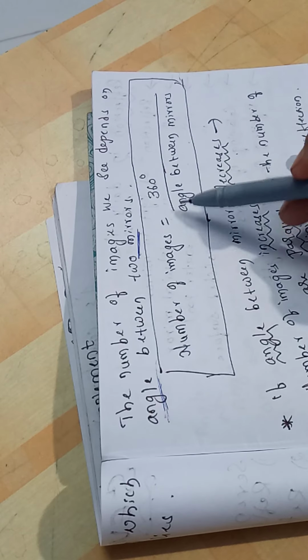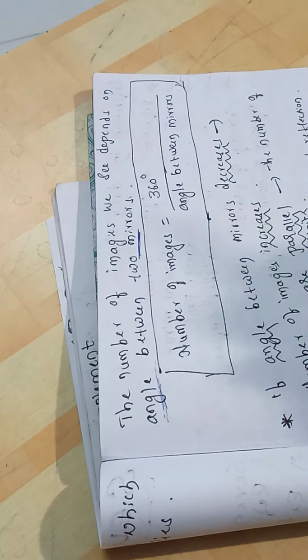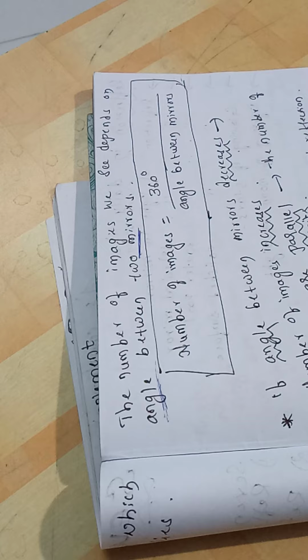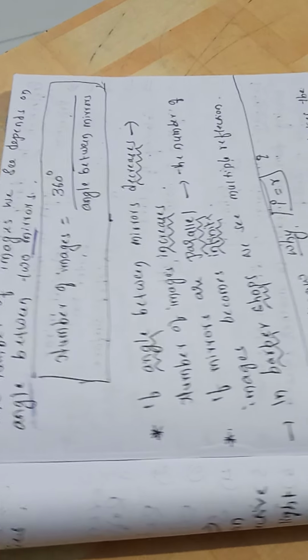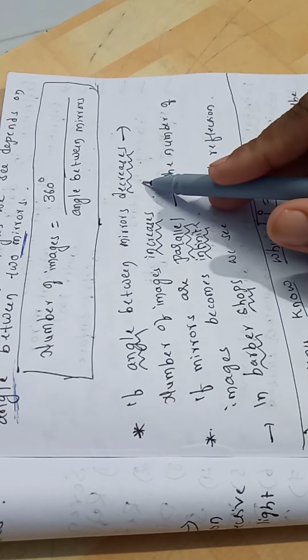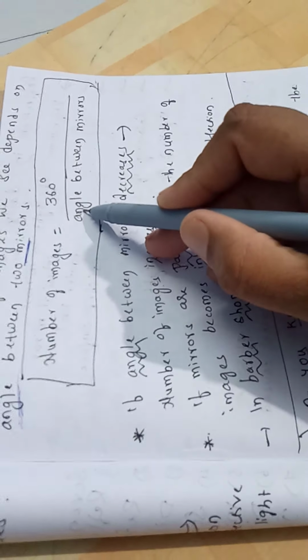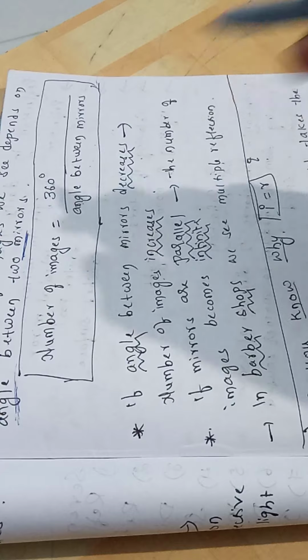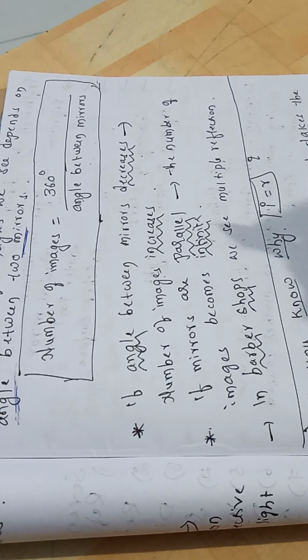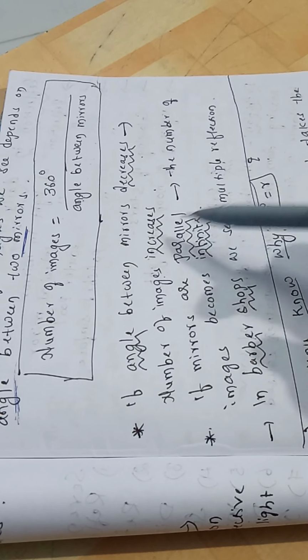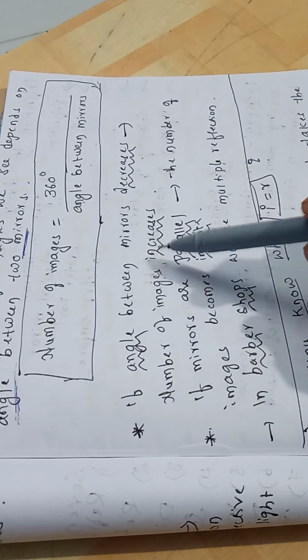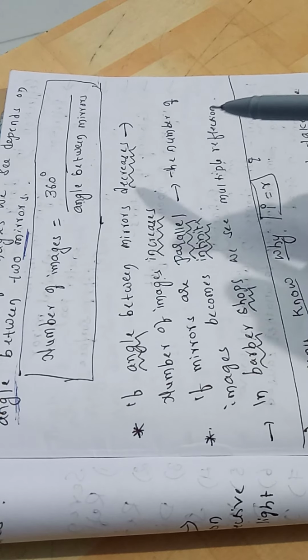If angle between mirrors decreases, number of images increases, inversely proportional.